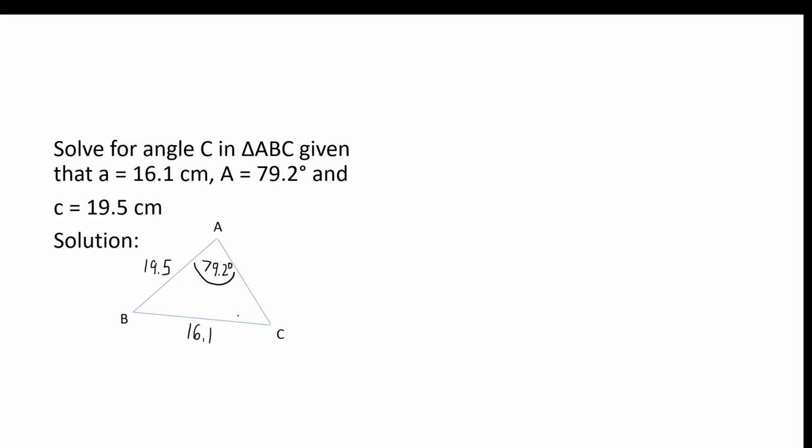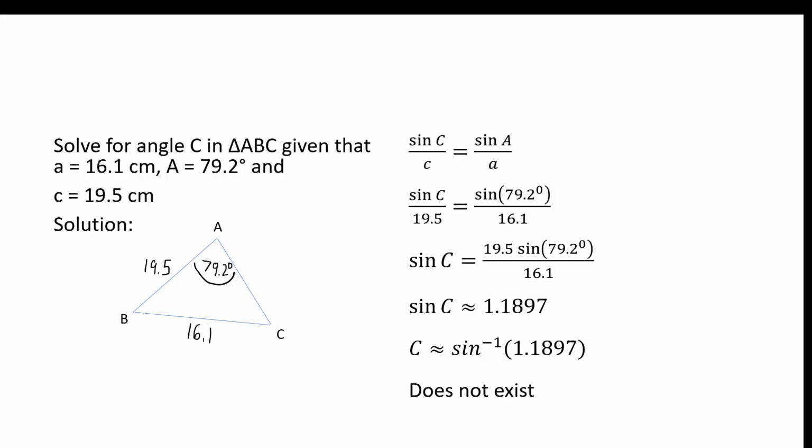If that was to happen, we would see that our only option is to use the sine law to find out what angle C is. We cannot use the cosine law, and we cannot use the sine law to find a side. We're stuck. We only have one option available to us. Use the sine law to find the magnitude of angle C.